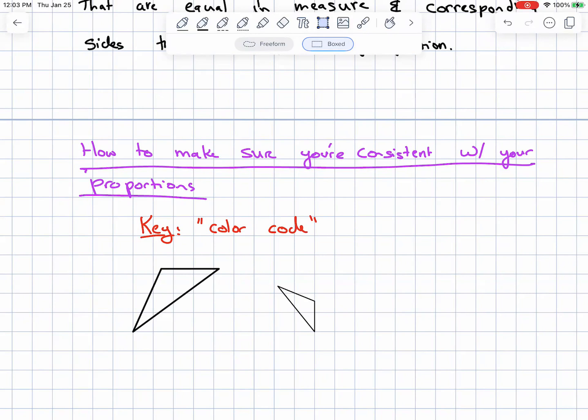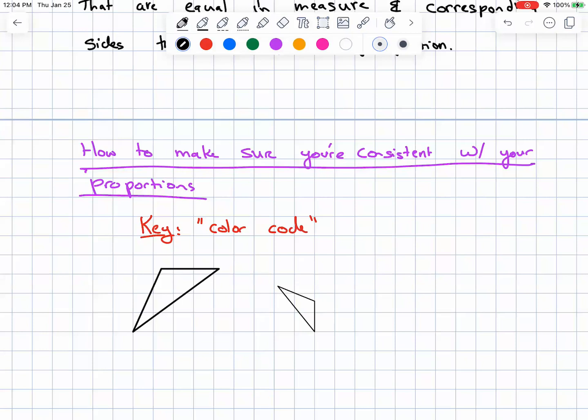While it might be fine if your mind works well with this, awesome, kudos to you. That's great. Me personally, it takes me a second to make sure I set these things up right. So what I like to do is color code them. If I'm drawing these, I either use a highlighter or pens, and you don't even need color; I'll show you how you can do it without color.